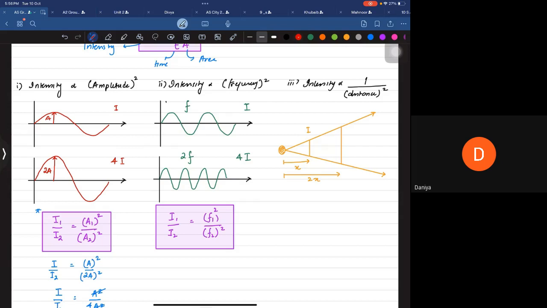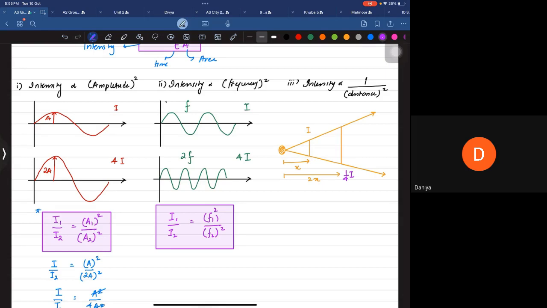So how do I know this? Because of the equation, here intensity will be 1/4. So if the distance doubles, intensity becomes a quarter. If the distance triples, then intensity becomes 1/9.